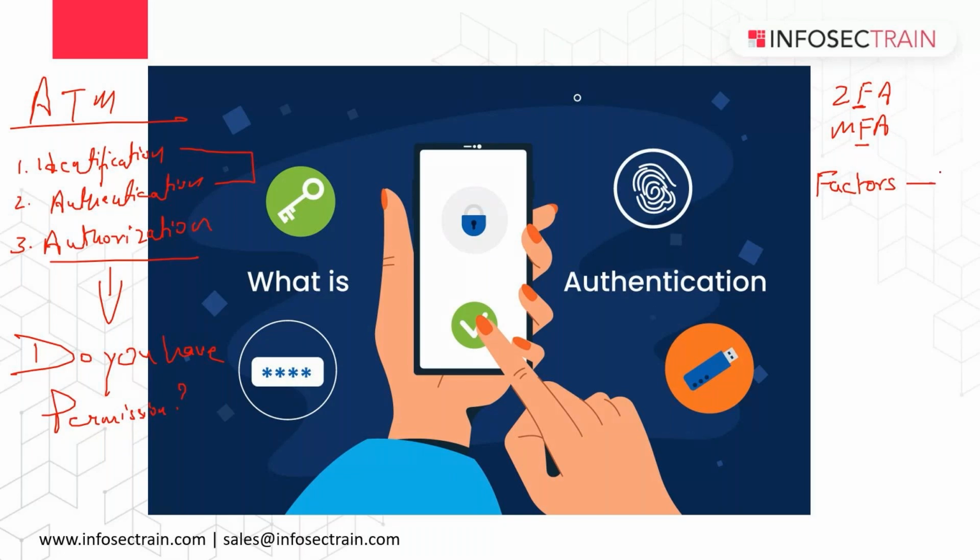There are three main factors. First one, something you have. Second is something you know. And the third one is someone you are.